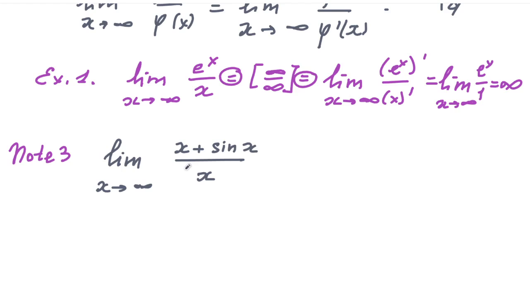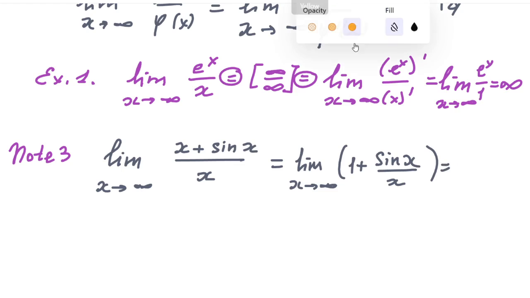Indeed, limit as x approaches infinity of x plus sine of x over x equals limit as x approaches infinity of 1 plus sine of x over x. A bounded function over a function approaching infinity approaches 0, and we have 1.